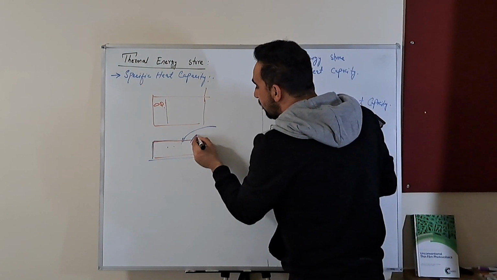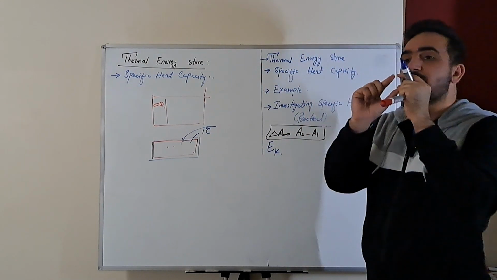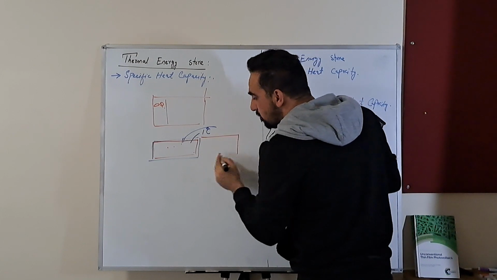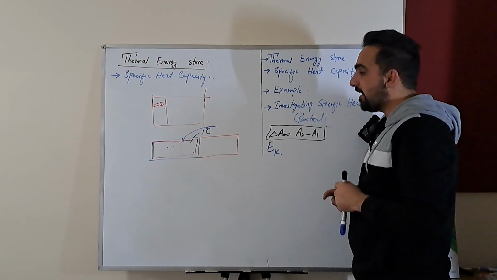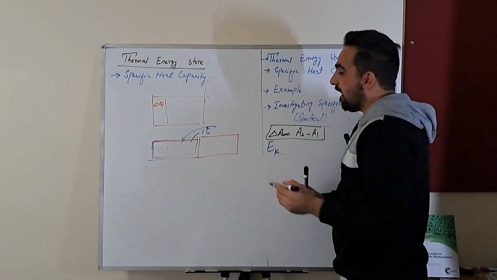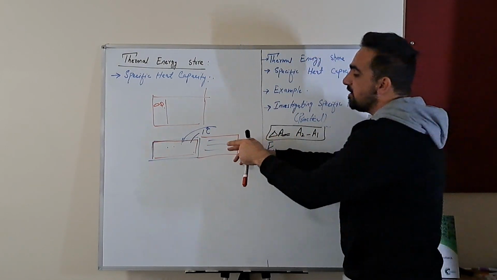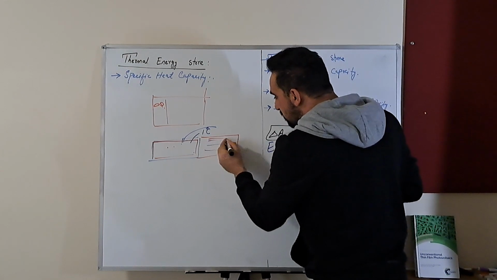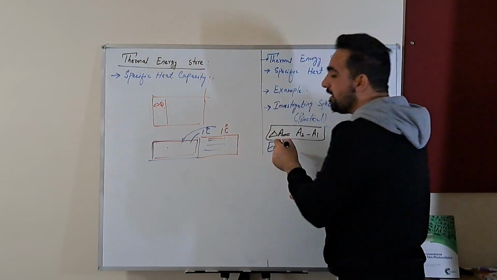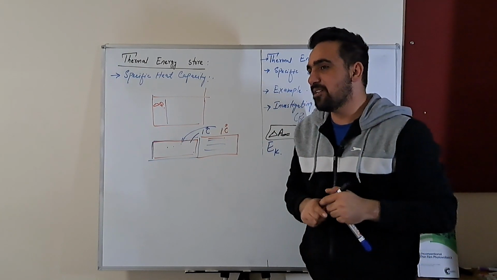Once this store is full, the temperature of this object will be raised by 1 degree centigrade, and a door to a new thermal energy store will open, of the same size, and this new store will start storing thermal energy. When this store reaches its maximum capacity, the temperature will again be raised by 1 degree, and another store will open, and that's how thermal energy is stored inside the material.